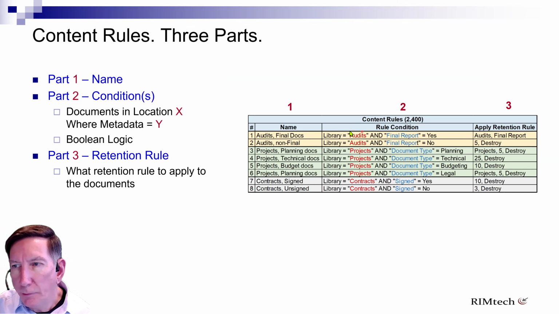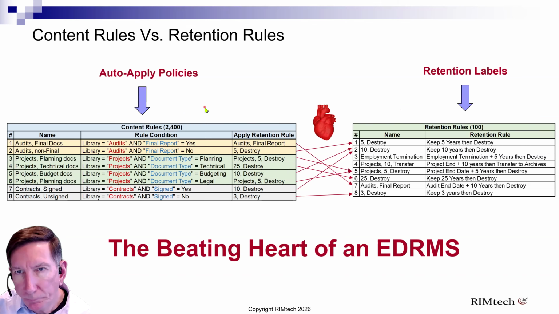For example, if the library is audits and the metadata column final report contains yes, then apply the retention rule called audits, final report, whatever that may be. Okay? So 3-part content rules.